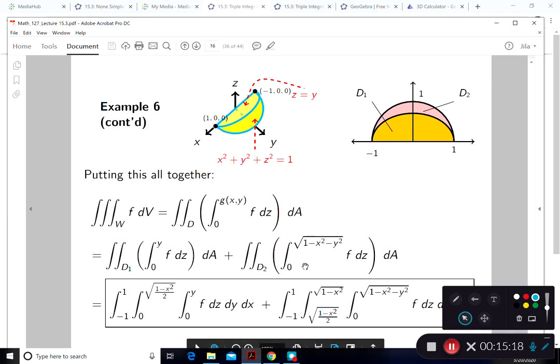Then you have to notice the outer parts are just setting up the regions. This is region D1, and this is region D2.